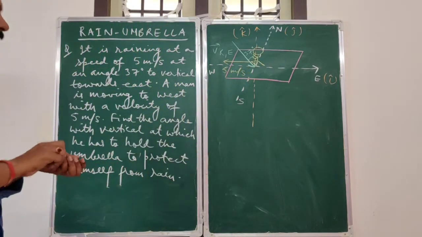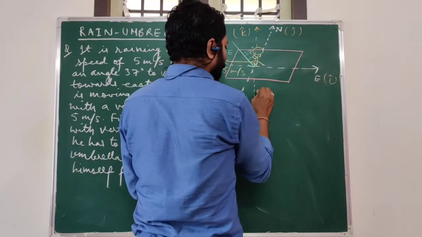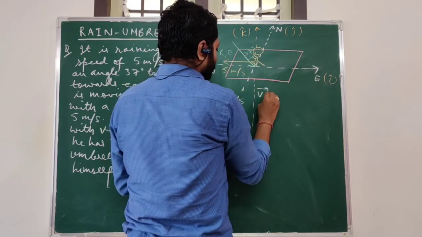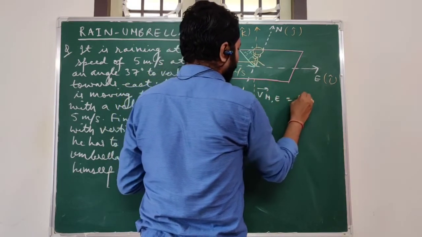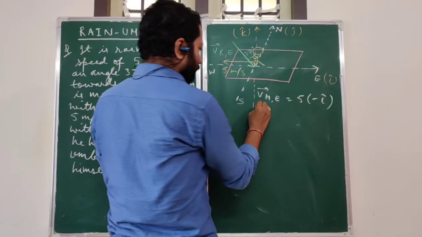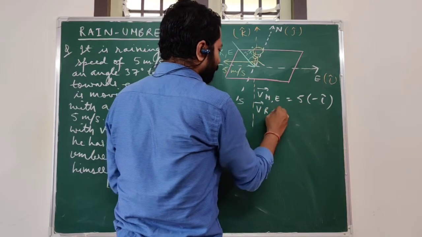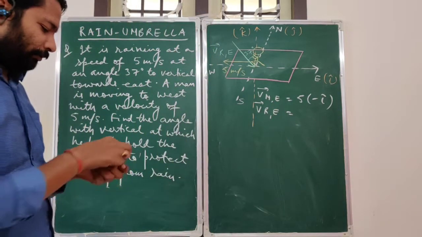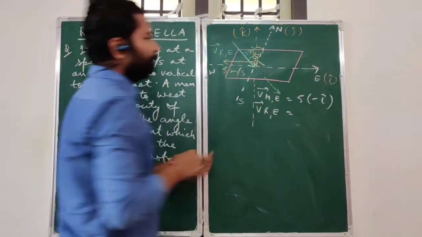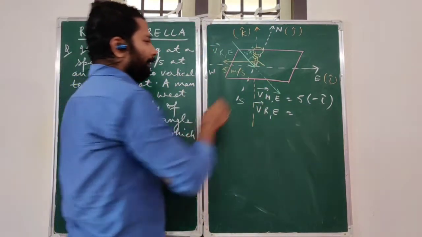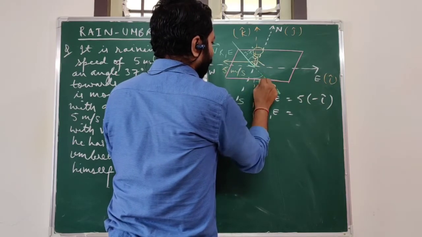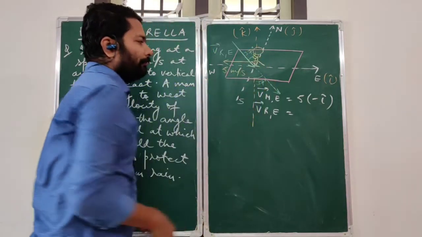So we can write all the expressions. Velocity of man with respect to earth is 5 along minus i cap. What is the velocity of rain with respect to earth? We have to find it out. So you see this vector is like this here, and it is making an angle of 37 degrees with the vertical.